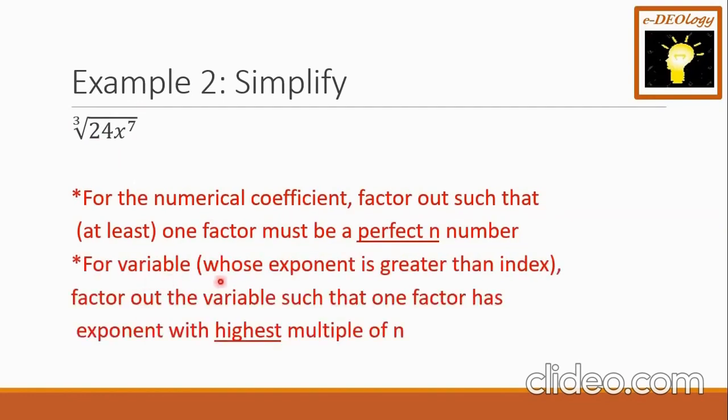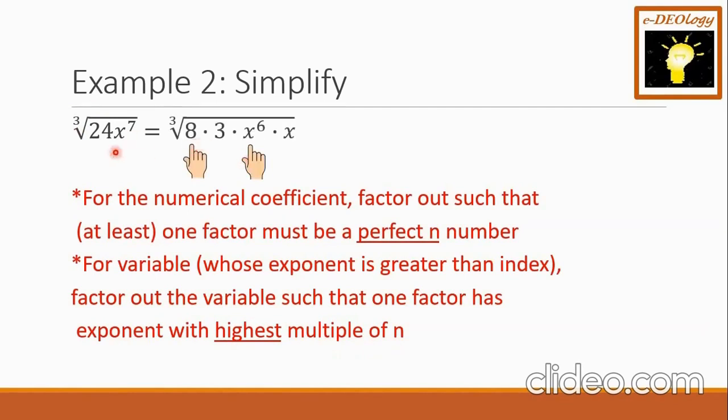For the variable whose exponent is greater than the index, in here our exponent of the variable is 7 and our index is 3. So the exponent 7 is greater than the index. We're going to factor this variable in such a way that one factor has an exponent with the highest multiple of n, the highest multiple of the index.